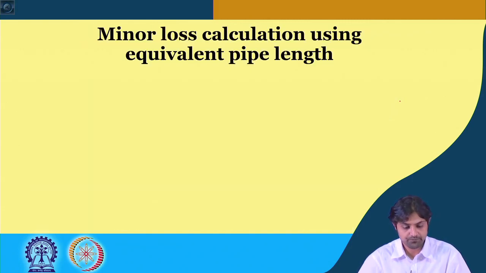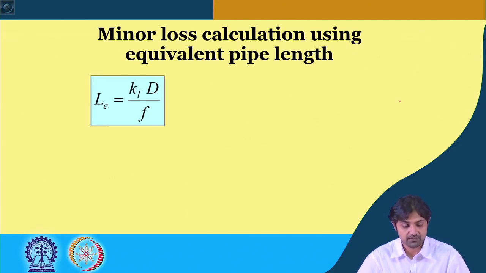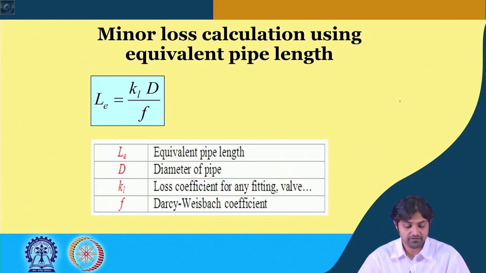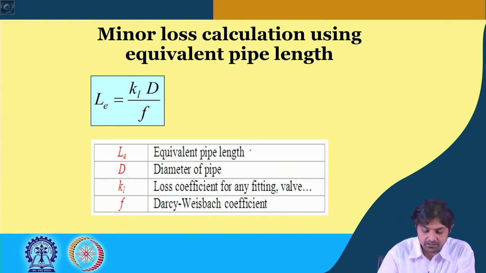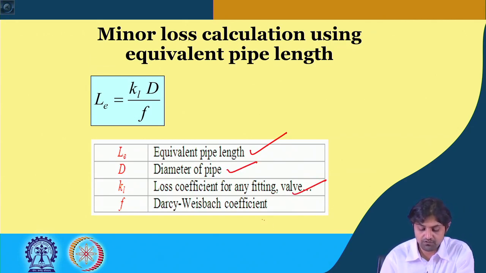All right. So, minor loss calculation using equivalent pipe length. The equivalent pipe length can be written as Le = KL into D by f, where Le is the equivalent pipe length that we are going to calculate, D is the diameter of the pipe, KL is the loss coefficient for any fitting or valve and f is the Darcy-Weisbach coefficient.